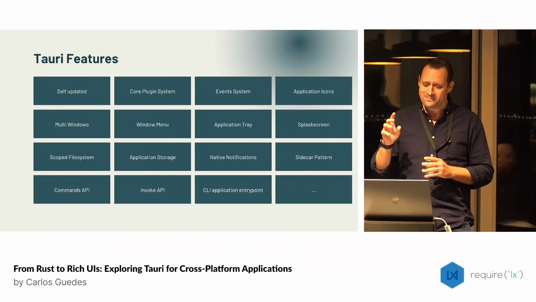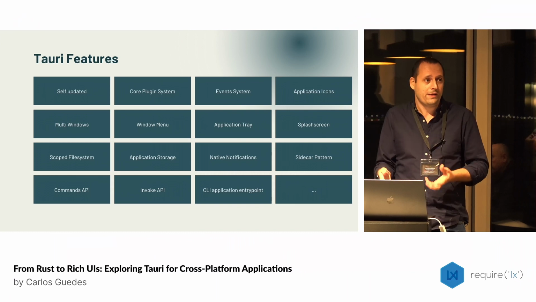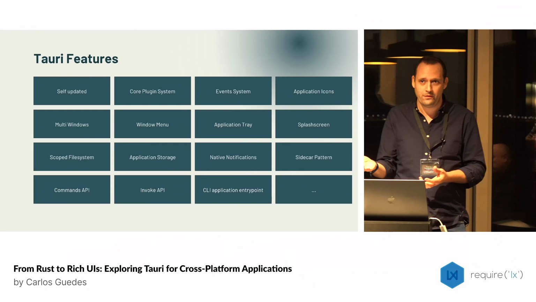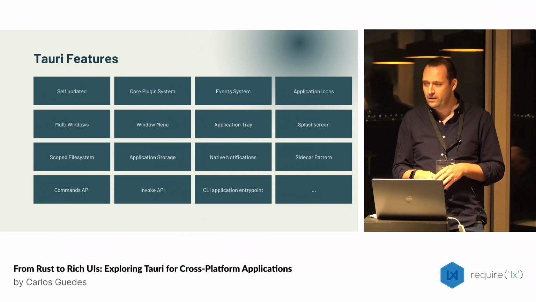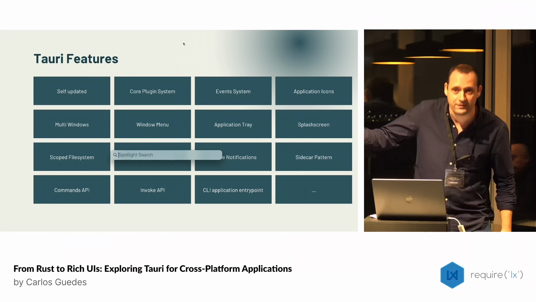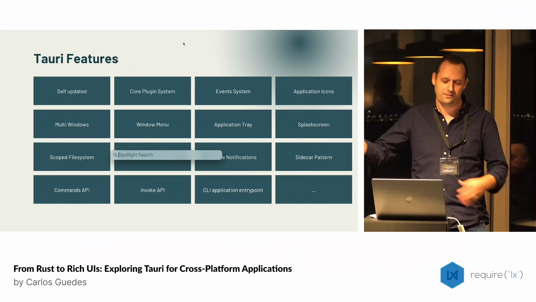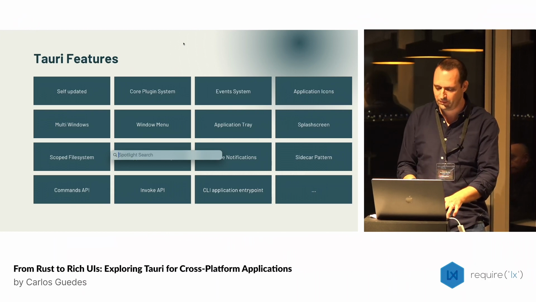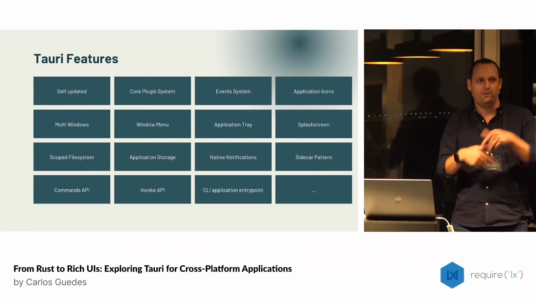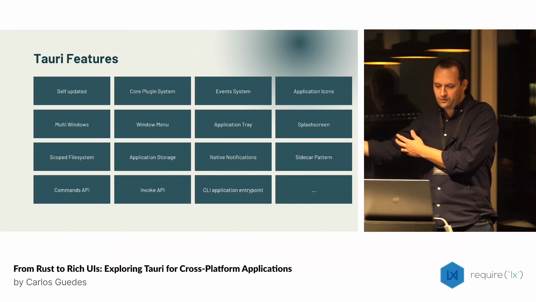And application tray, because your application can live in the tray and be very useful, taking advantage of global shortcuts like command space. That's an application in a way. Yeah, I think we can even replace this on Mac. Also splash screen, so that you can see something while the application is still loading.